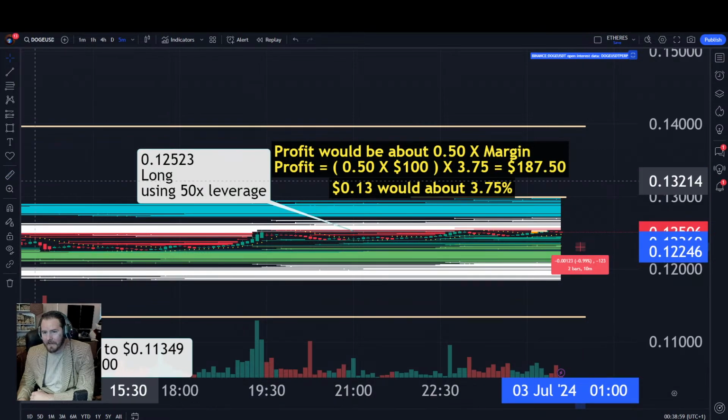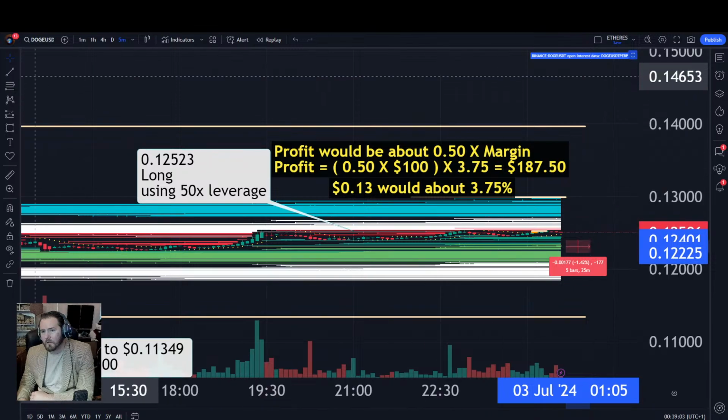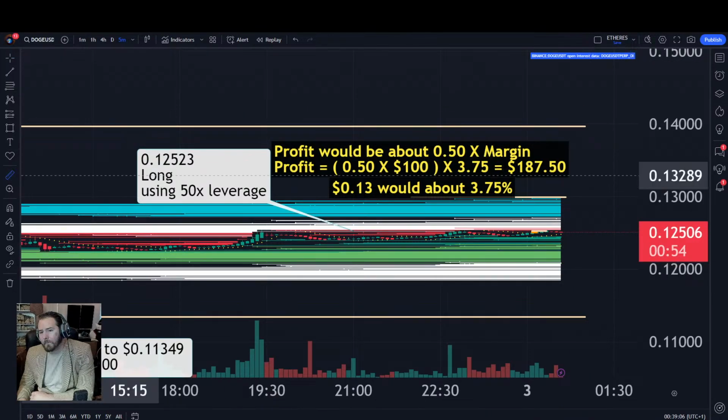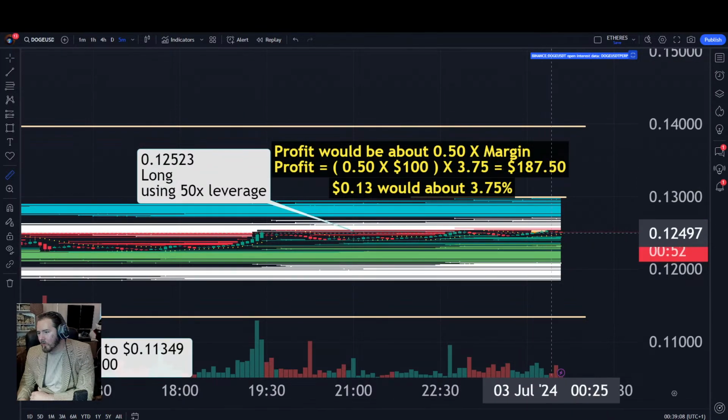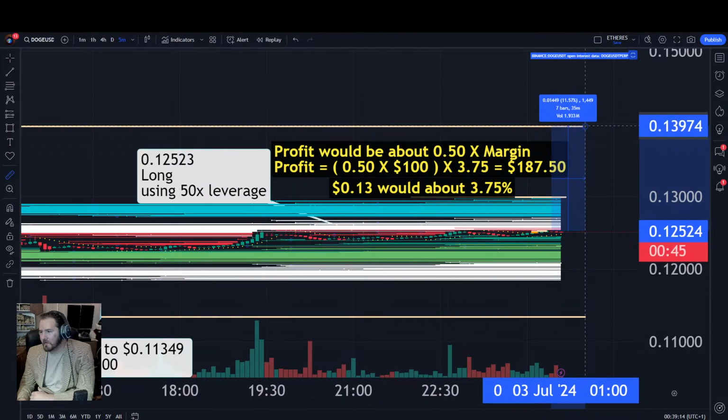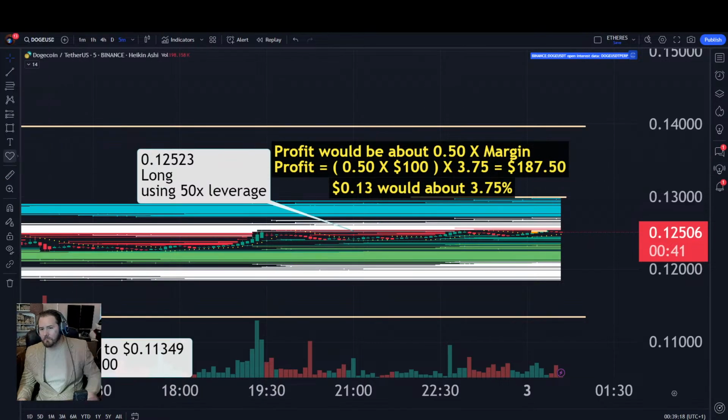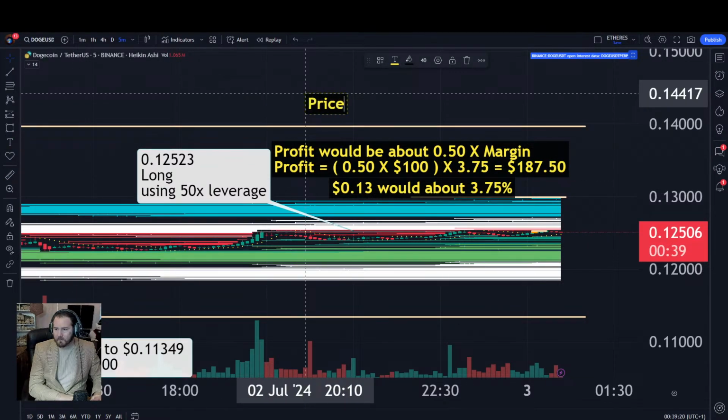I'd have to measure it exactly if I want the exact number, but we're just going to do about. So if we go up to 14 cents, I would earn about 11.8%. The price move to 14 from entry is about 11.80%.